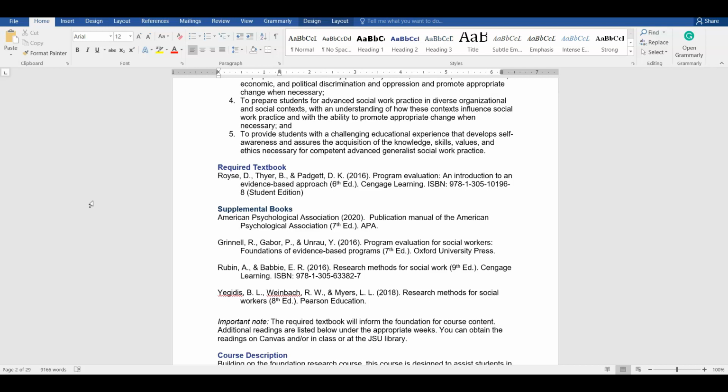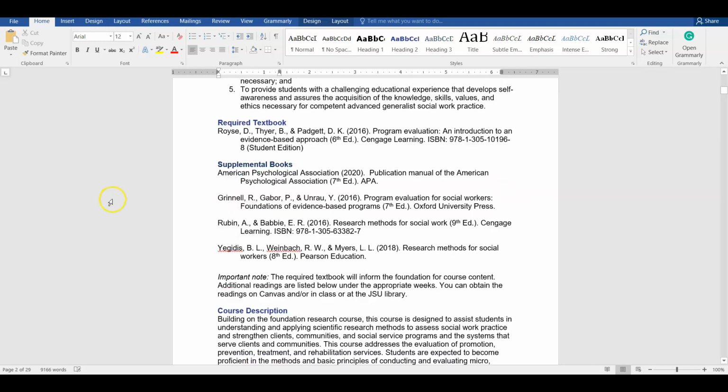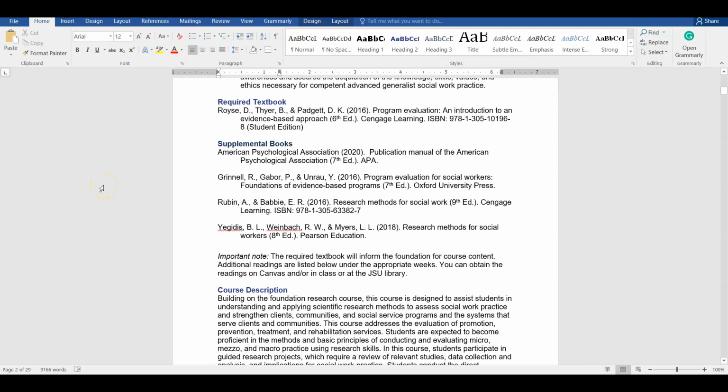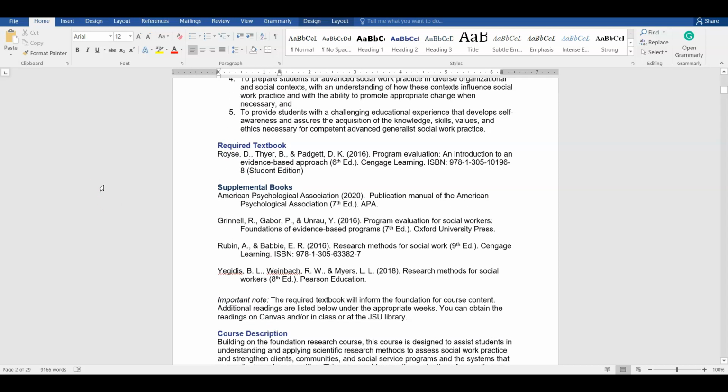Some of you probably are familiar, but not necessarily with the changes that were done for the 7th edition. Anyway, it is required to use the style. You can use a website; there are plenty of websites that could help you figure out the APA style.